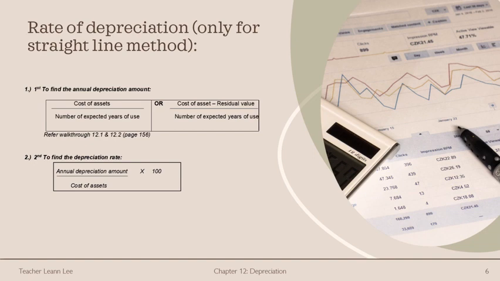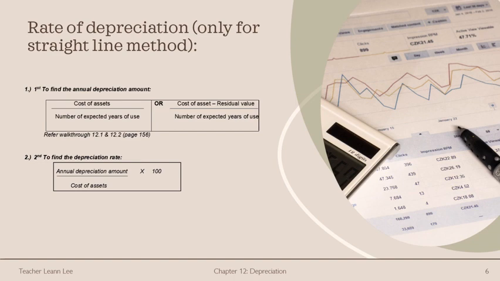Residual value is the scrap value of the non-current asset. It means that no matter what, it will still be worth a few dollars, or $20, $30, even though your computer is not functioning well. That is the remaining value of the computer, which we call residual value. If they provide it, then you use the second method to find the annual depreciation amount.